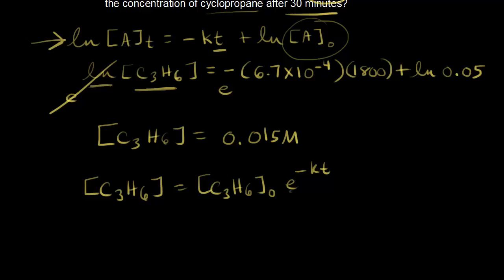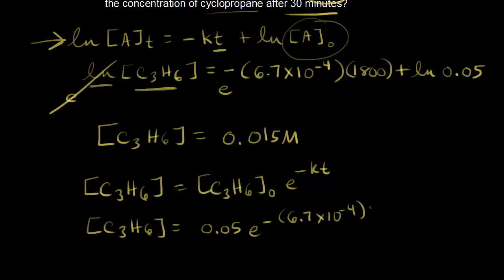So we can plug in our values here. We're solving for the concentration of cyclopropane. The initial concentration was 0.05, and k was 6.7 times 10 to the negative 4, and our time was 1800 seconds.